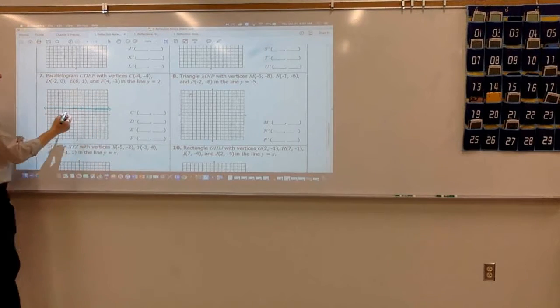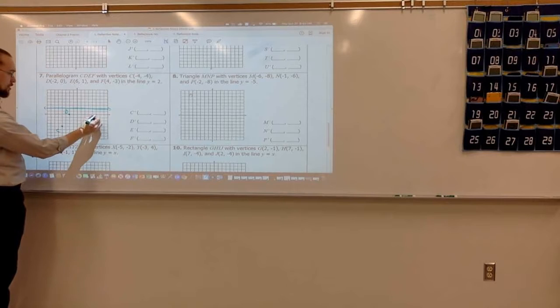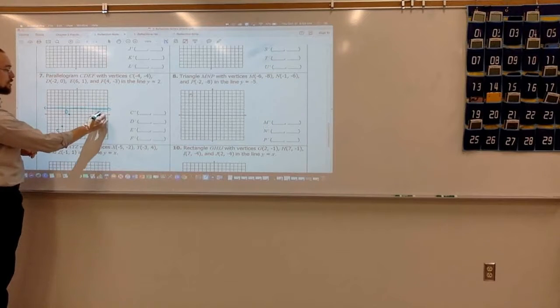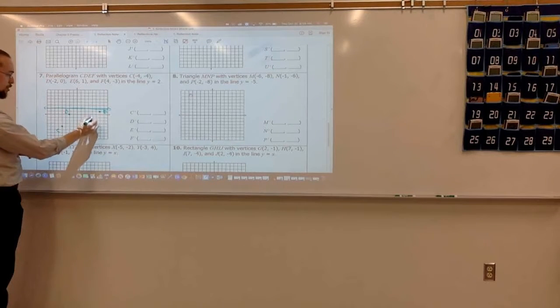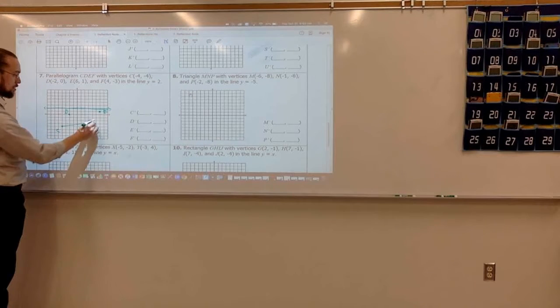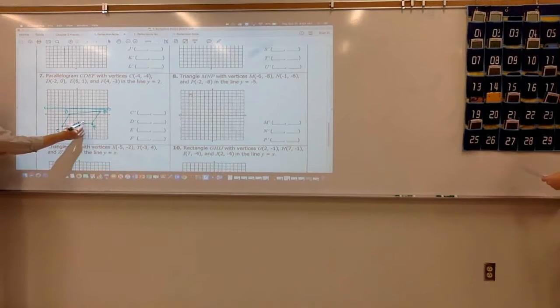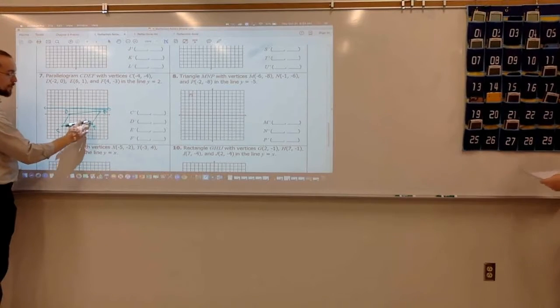So then my original coordinates are -4, -4, -2, 0, 6, 1, and 4, -3. So here is my original figure. And I just want to take this and reflect it across this line now. So I'm just counting the distance for each individual point.